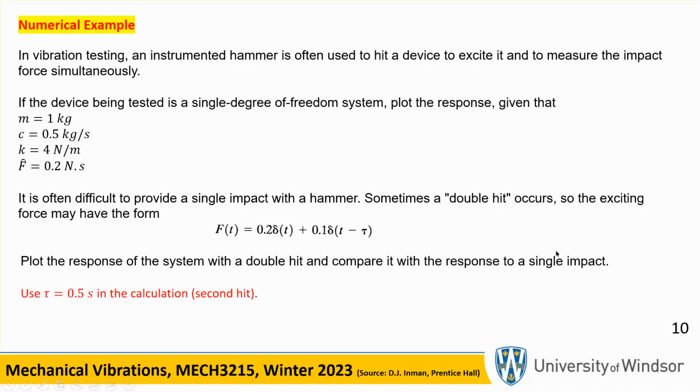This is after half a second. Basically, plot the response based on this information. You hit it once with impulse value 0.2, and you hit it again with impulse value 0.1. Another way of saying that is 0.2 delta t plus 0.1 delta of t minus 0.5, minus half a second.